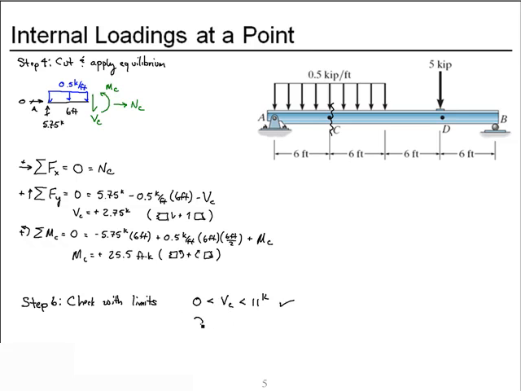Said that the moment had to be greater than 0 but less than 140 foot kips, and we got 25.5, so that also checks. Good. So we have confirmation that our results are reasonable. Now let's take a look at the cut at point D.